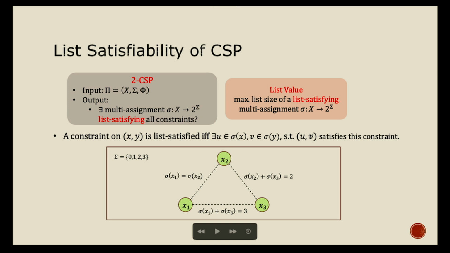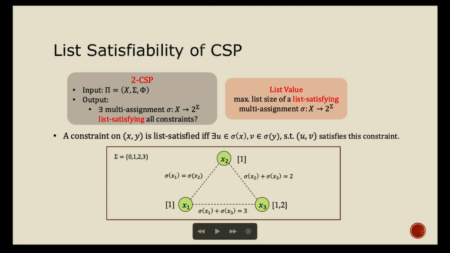Here's an example on 3 variables and 3 constraints. The alphabet is 0, 1, 2, and 3, and the 3 constraints are shown above. We can see this CSP is not satisfiable because x1 has to be equal to x2, but x3 poses different constraints on x1 and x2.